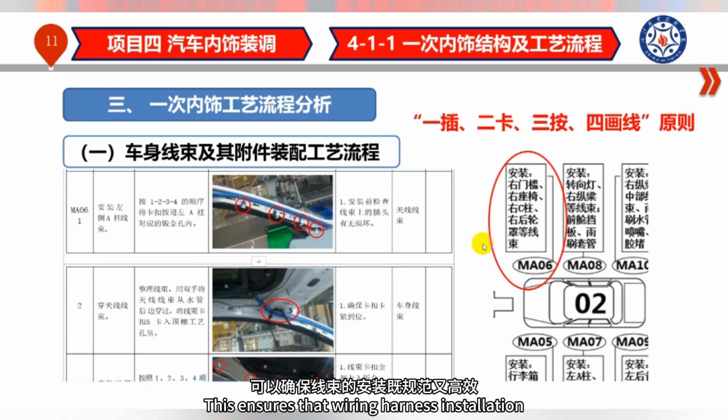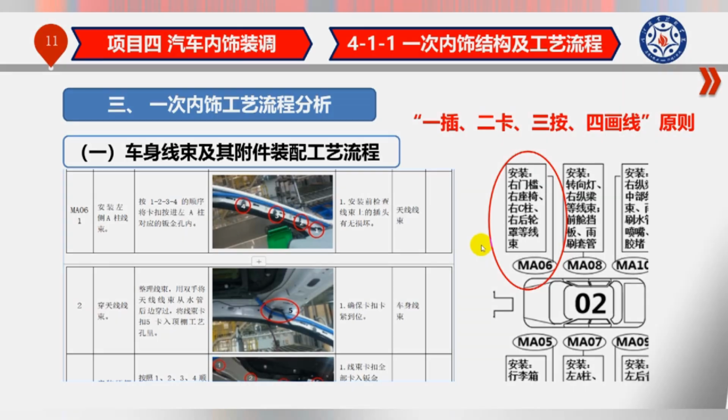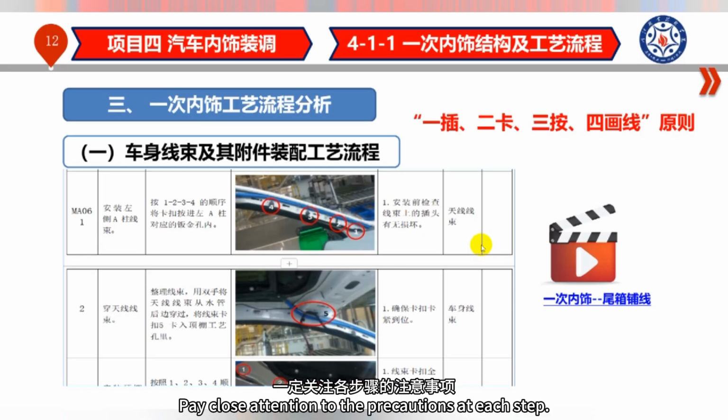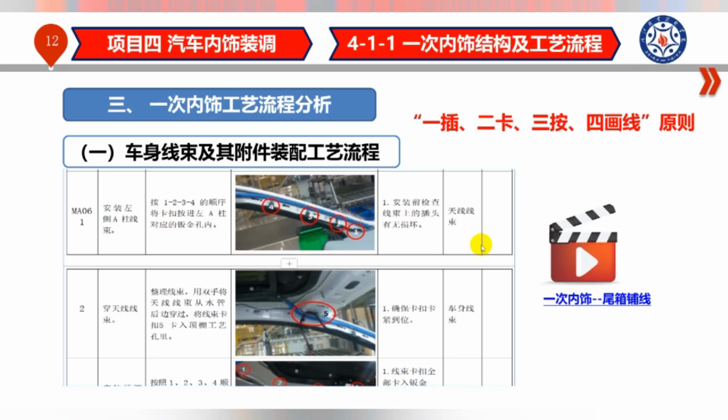This ensures that wiring harness installation is both proper and efficient. It helps avoid common installation errors. It improves the reliability and safety of the wiring harness system. For operation demonstrations, please watch the online video on Shishitong, Interior Trunk Auxiliary Harness. Pay close attention to the precautions at each step.